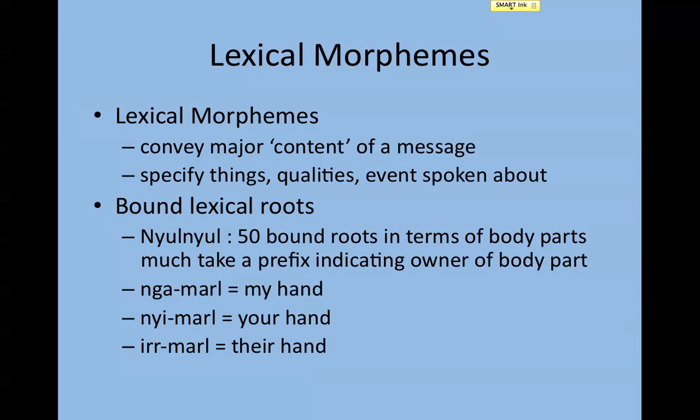And then you have bound lexical roots. Maybe they're not so common in English, but I found some examples of Nyul, which is an extinct language that no longer exists. It became extinct in 1999, and it was a language of Western Australia. They have 50 bound roots in terms of body parts, but they must take a prefix indicating the owner of the body part.